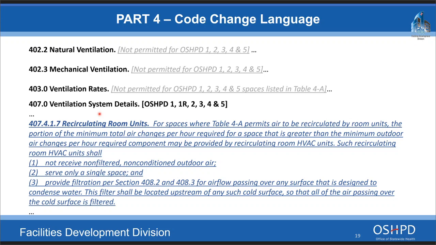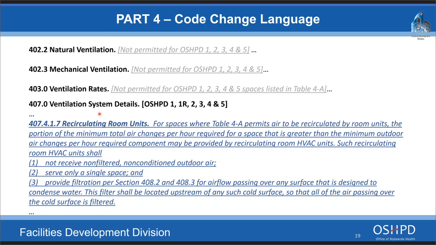The other thing to think about for any designers out there is this kind of helps grease the rail, so to speak, on the use of chilled beam technology in the future. So any mechanicals out there, look at this new change to 407.4.1.7 and think about it in that light. I think you'll see the value in that. So where spaces in 4A permit air to be recirculated by room units, the portion of the minimum total air change per hour required for a space that is greater than minimum outdoor air changes per hour, those air changes above the outdoor requirement can be provided by this, provided they have these three components.